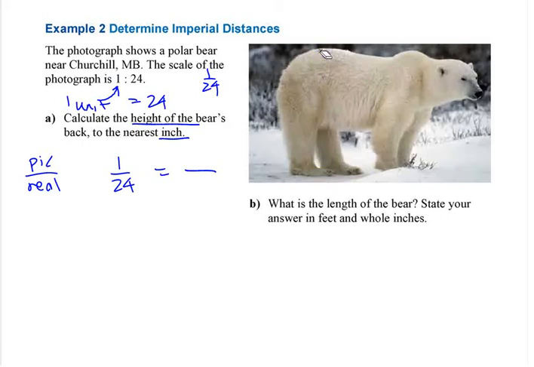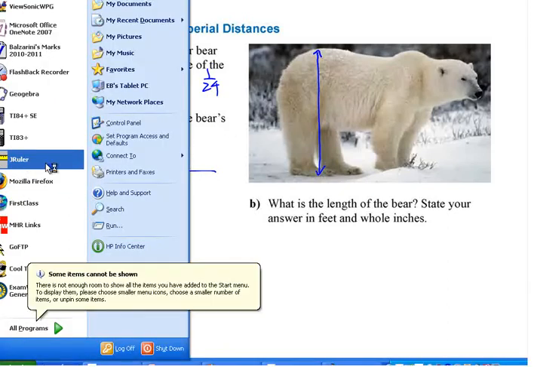I played around with the photocopier until it worked, but we want the answer in inches, so we're going to use imperial, right? So that would make sense. I mean, if you did put that, you'd get an answer in centimeters, right? And actually, you could do that and then just convert it after, but it's going to be quicker to do it in imperial. Let's try this.